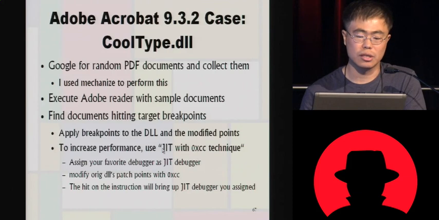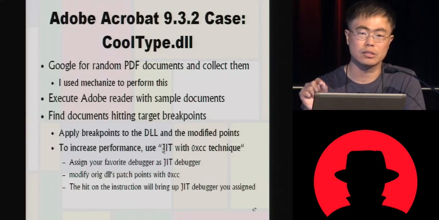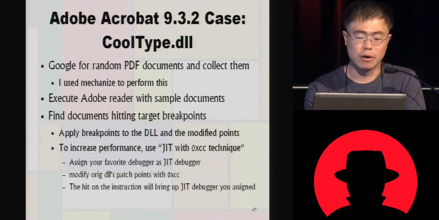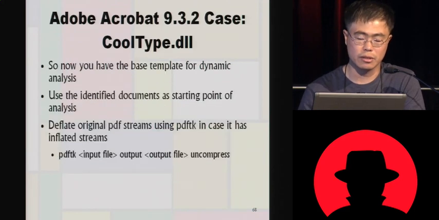But I just used JIT with the 0xCC technique. I just modified the binary and put 0xCC at any function that I was interested in. And I assigned my favorite debugger as the JIT debugger. So if that point is hit, my JIT debugger will come up and I can collect the things that I'm interested in at that point. So it is very effective and fast.